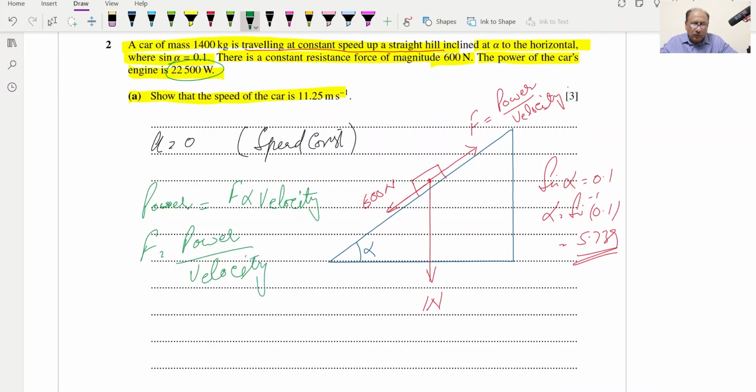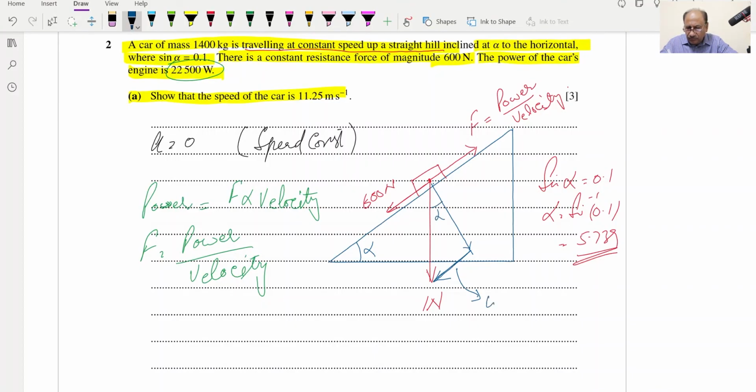Now we can resolve the weight and understand the forces. If I redraw properly, we can draw solid lines, and this will be the y component and this will be the x component, and this angle we can take as alpha.